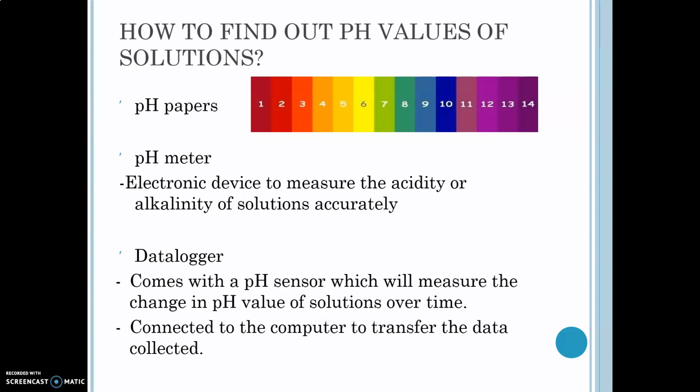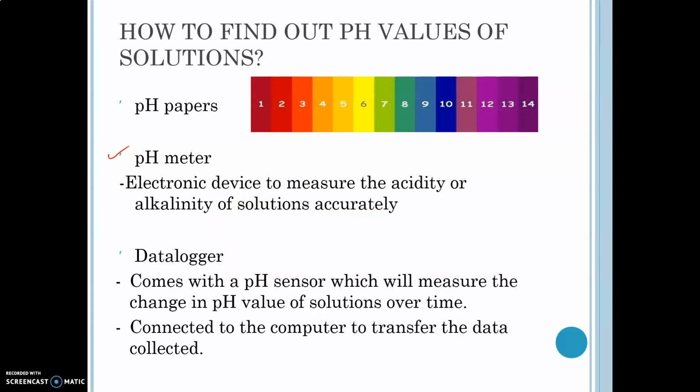There is also the pH meter. The pH meter is very helpful and very accurate because it shows numbers. It's an electronic device that measures the acidity or alkalinity of solutions accurately because you can measure them in numbers.